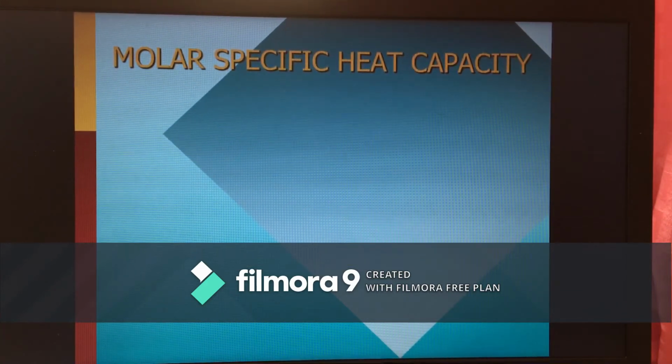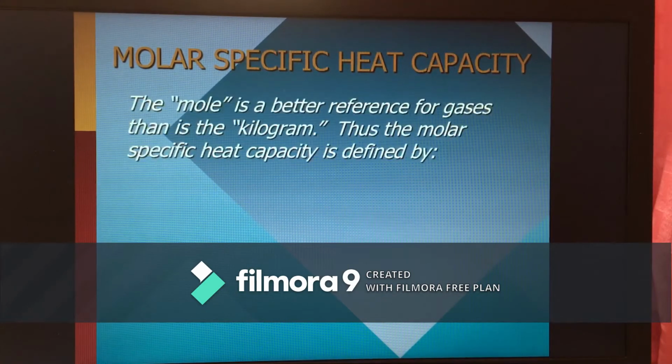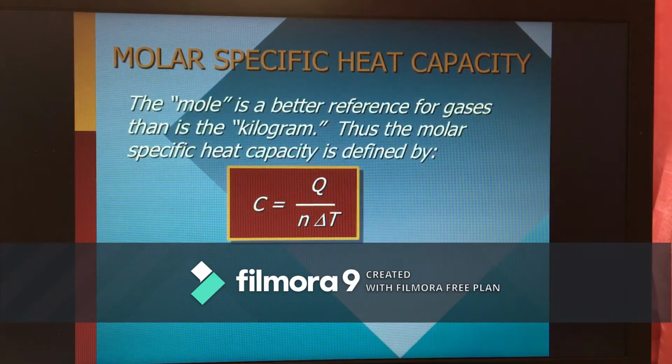Then we have what we call molar specific heat capacity. In this case, the mole is a better reference for gases than is the kilogram. Thus, the molar specific heat capacity is defined by this formula: C, or the molar specific heat capacity, equals Q divided by N delta T. So again, C is the molar specific heat capacity, Q is the heat, N is the number of moles, and delta T is the change of temperature.